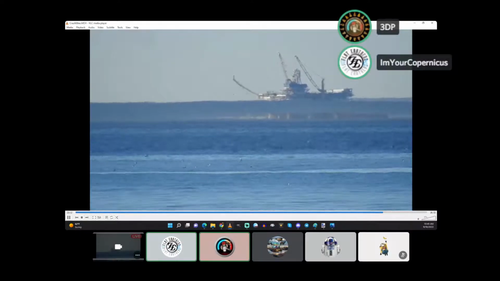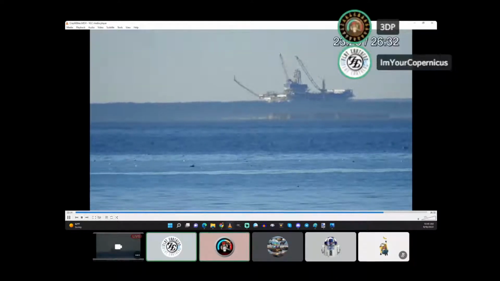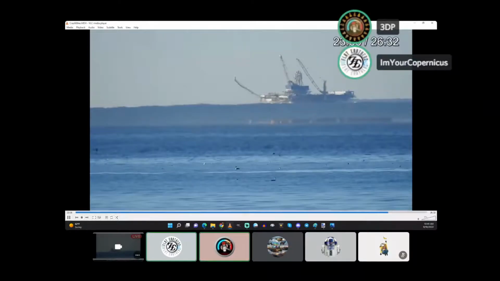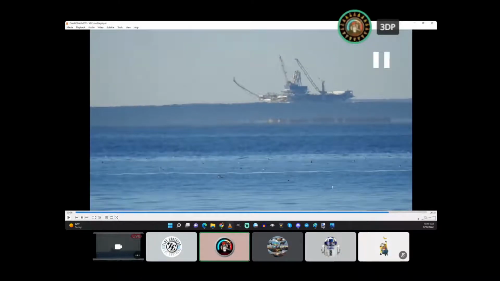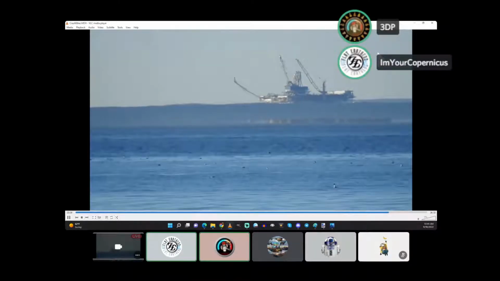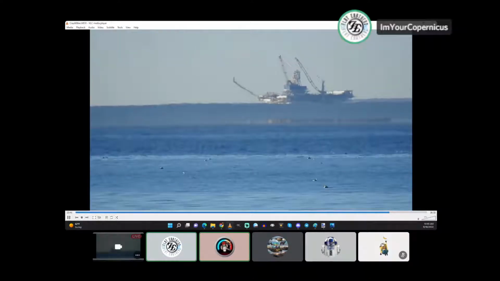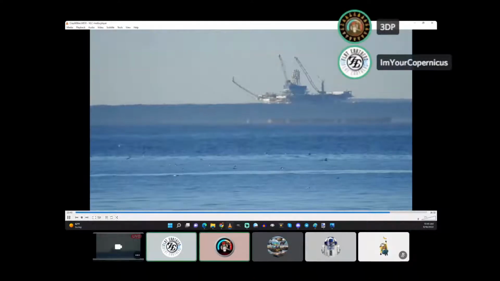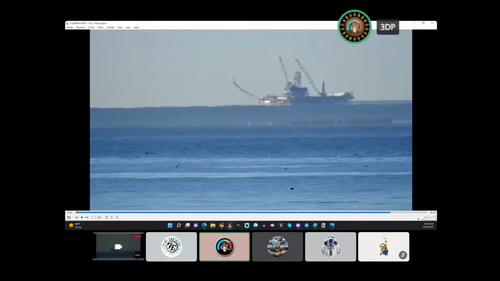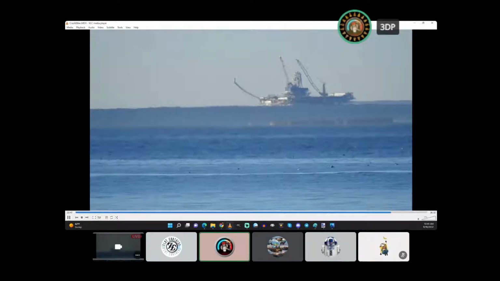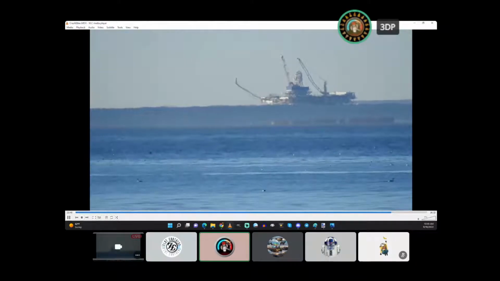I can't remember how long this takes, so I might just jump it real quick and see what happens. Yep, it's still there. Now look at the top. You can see the ship actually come into definition with a dark band. That white speck developing there would be like the bridge of the ship.